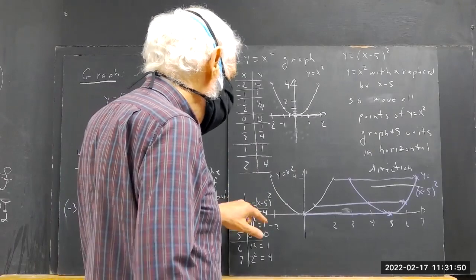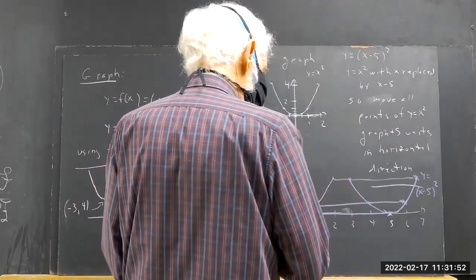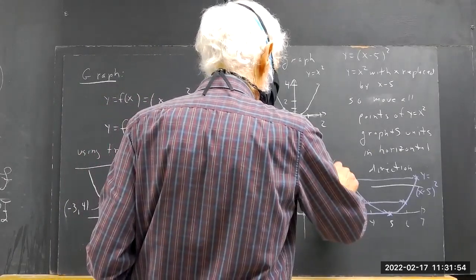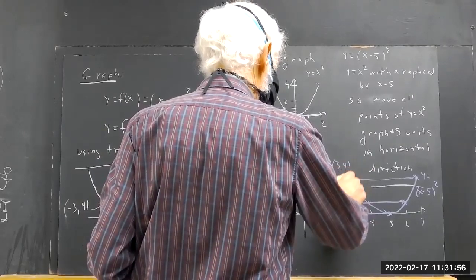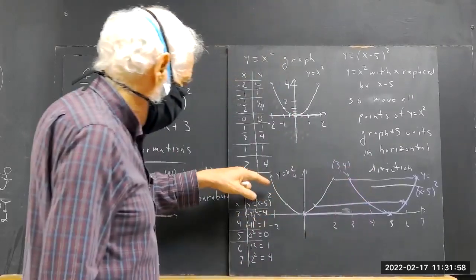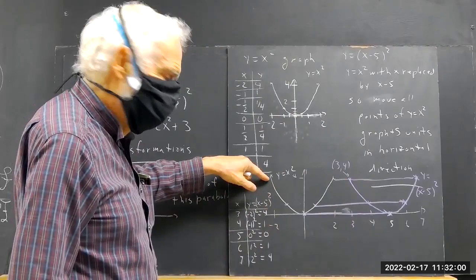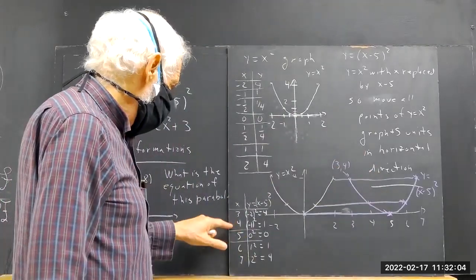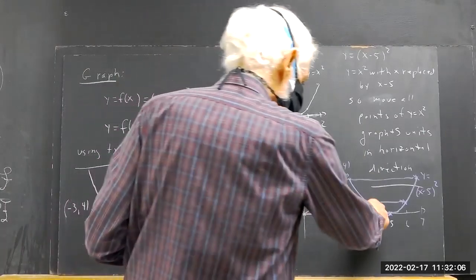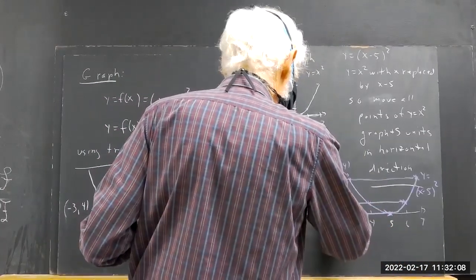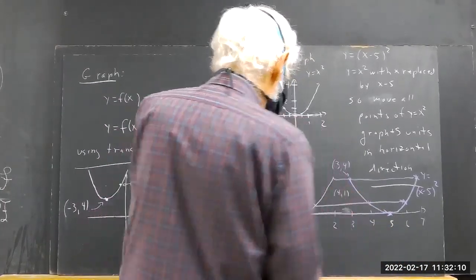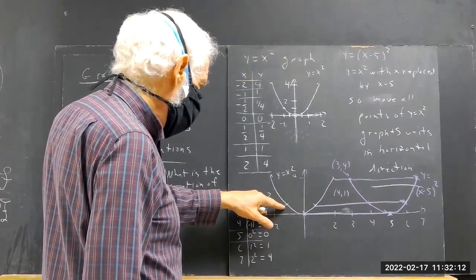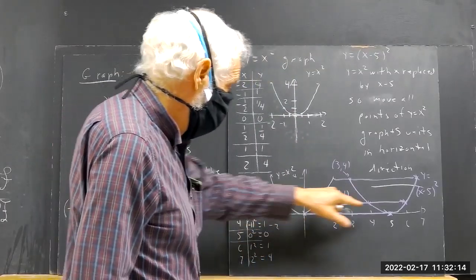That gives us the point (3,4), which is exactly what we get if we take the point (-2,4) and move it to the right 5 units. It gives us the point (3,4), which is what we have here, okay? That's what we got when we took this point and moved it 5 units to the right.